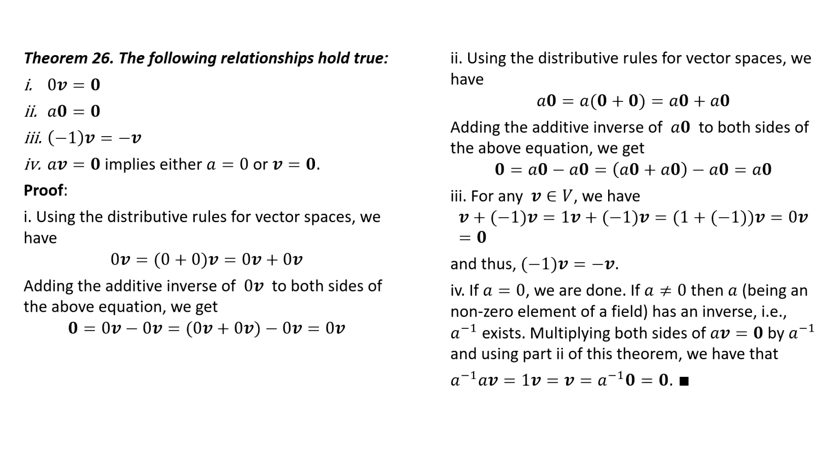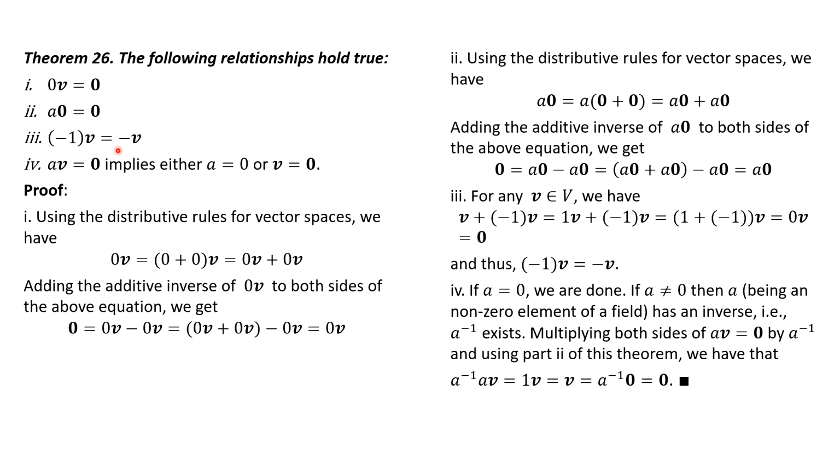I have a few basic results on this slide, and you see right away where we have some of the issue with the two different zeros. For example, the first item here: the scalar 0 times v equals the vector 0. On the second one, the scalar times the 0 vector equals the 0 vector.